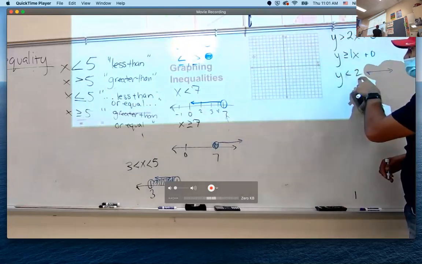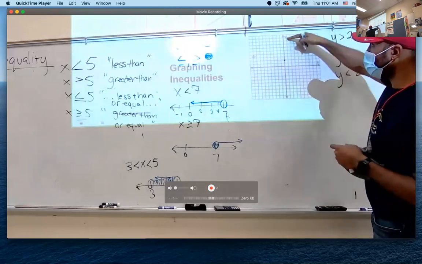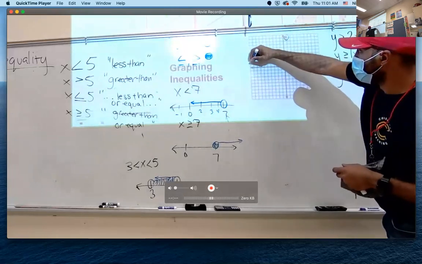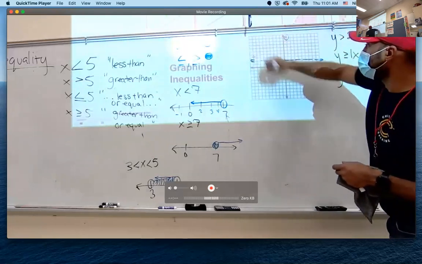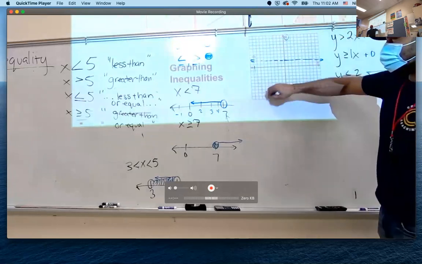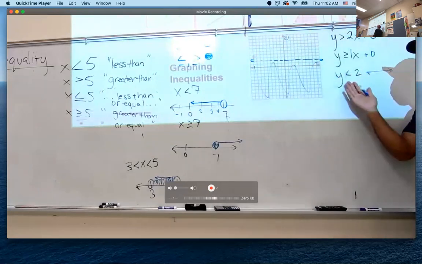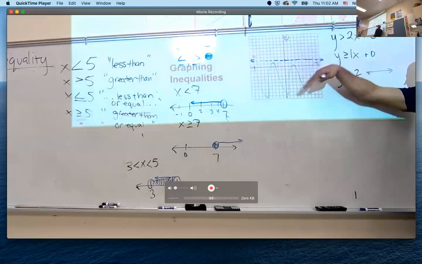If it's just y with no x, you go to 2 on the y, and you go straight across. It's a flat line. And it says y is less, so where do you think I shade? Down. Yeah, shade down here. Once you know it's straight across, it's easy to shade because it's easy to see above and below.